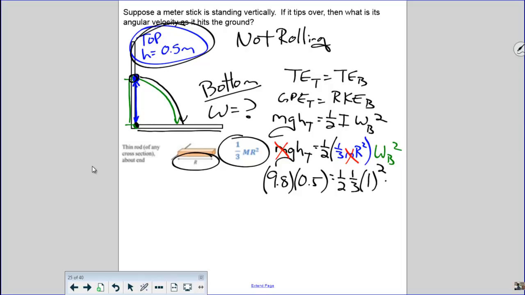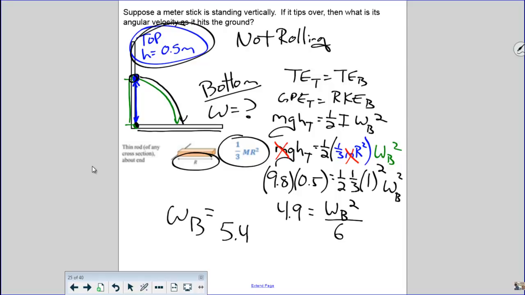So what are we going to get? You get 9.8 times 1/2, which is 4.9, equals omega at the bottom squared over 2 times 3, which is 6. And then solve it. The angular velocity at the bottom turns out to be 5.42. Weird coincidence that that's the same as the last answer, but this time it's radians per second, because it's angular velocity.